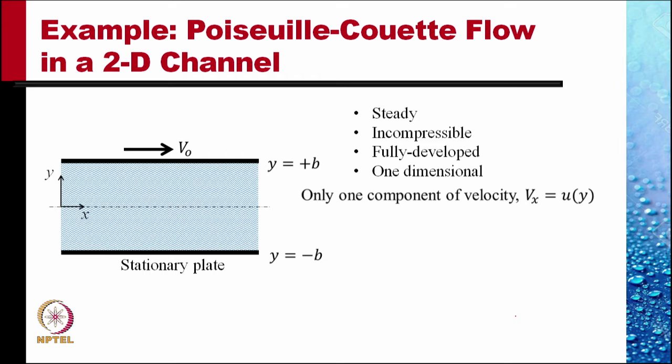So u, a function of y, is the only component of velocity. Now let's consider a small element or a control volume within this of length dx and height dy.